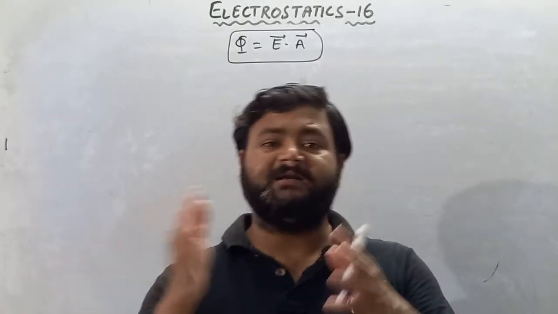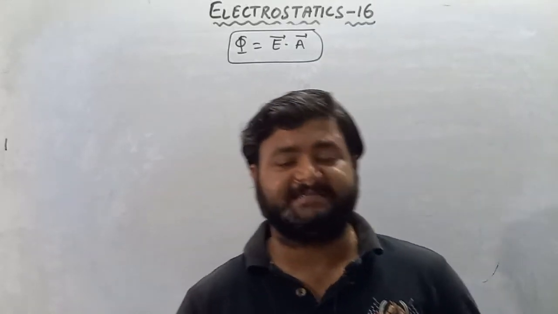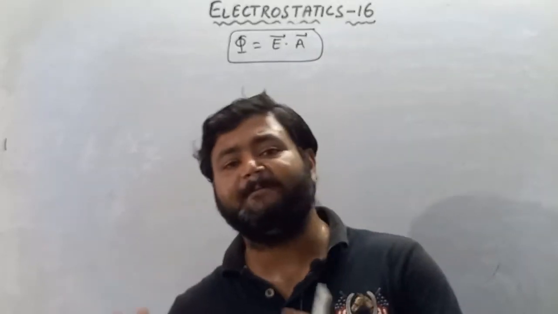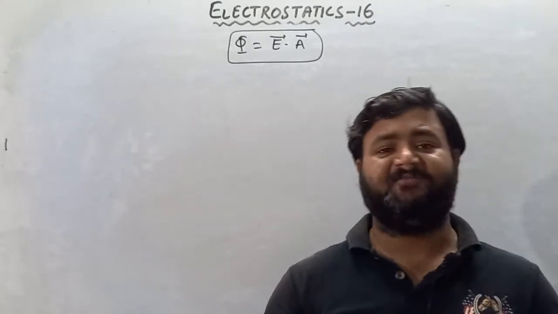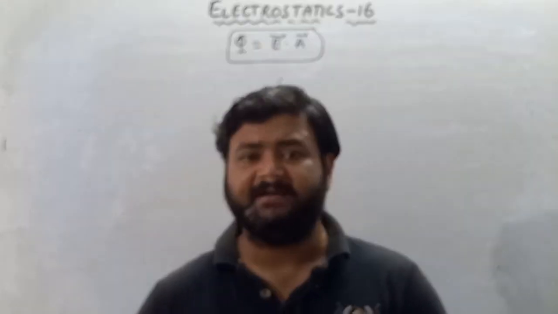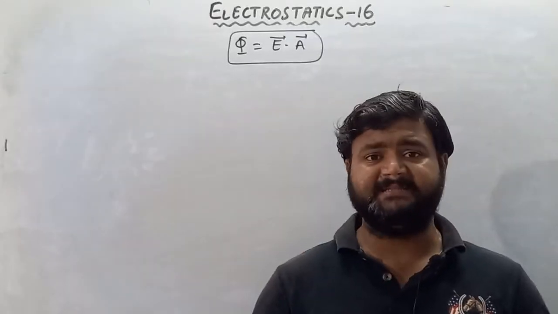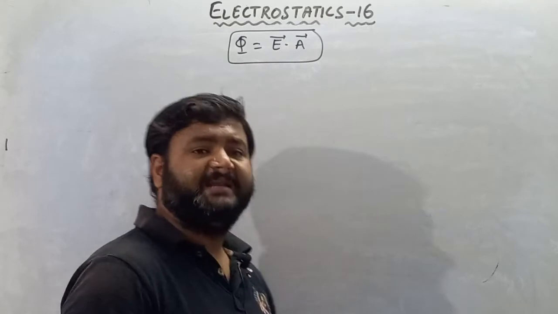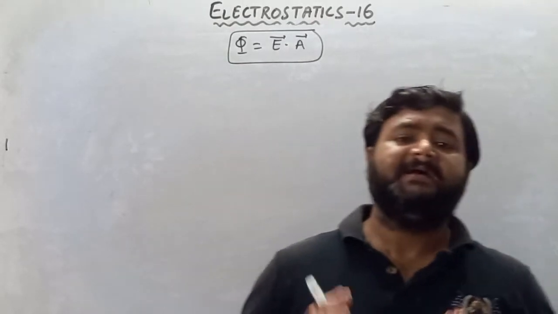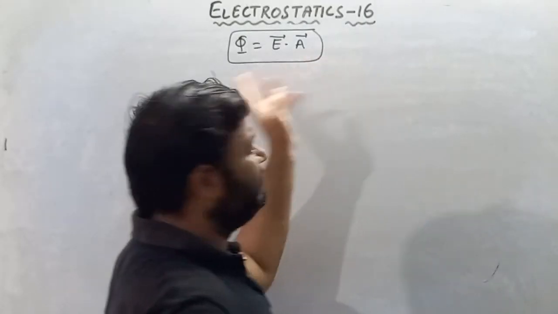So that is called density of electric lines of force. And if we say the number of electric lines of force passing through any given area, then it is called electric flux. And flux is nothing but a number. So flux is a scalar quantity, first thing. Second thing, flux is basically the dot product of electric field vector and area vector. I hope you all understand about flux.